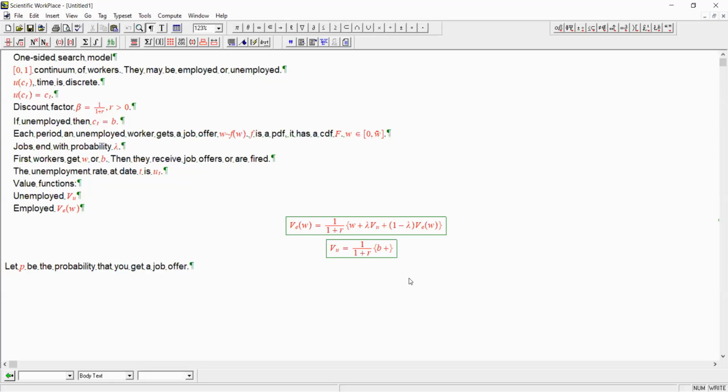So we're assuming it may or may not be that you get a job offer while you're unemployed. Analogously, with probability P, you get some value, or I guess expected value, of what you would get as you're employed. Remember that the wage that you get is drawn from some distribution, so we don't know what that is yet. Let's just call it X. And with probability 1 minus P, you remain unemployed.